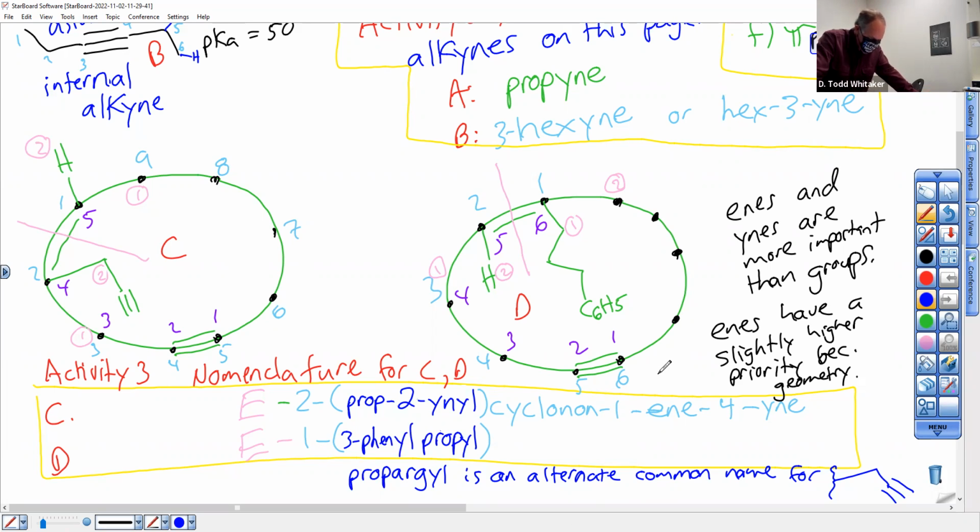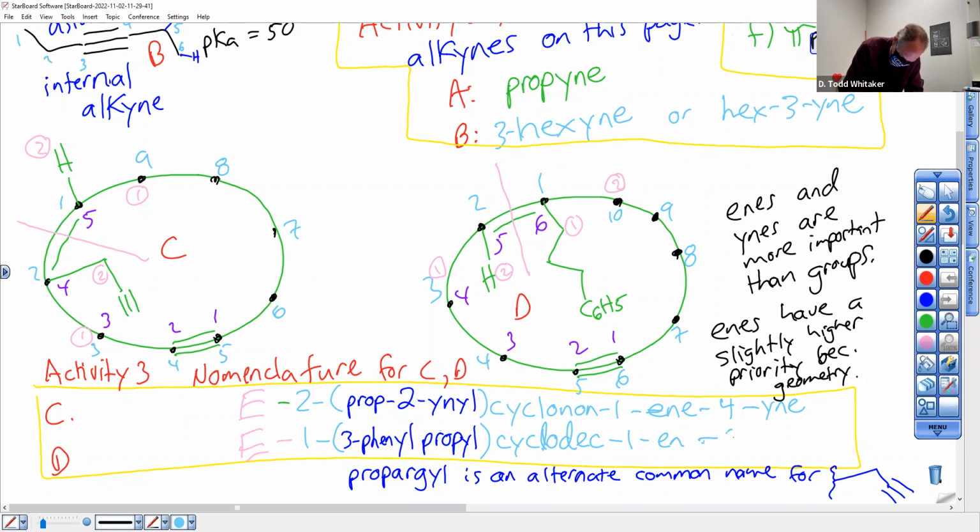And I think I got this one to 10 carbons, didn't I? With blue, 7, 8, 9, 10. So this is a, oh, I forgot the C word. Cyclo. Dec. 1-ene again. Oh, technically that E shouldn't have belonged in the first one either.